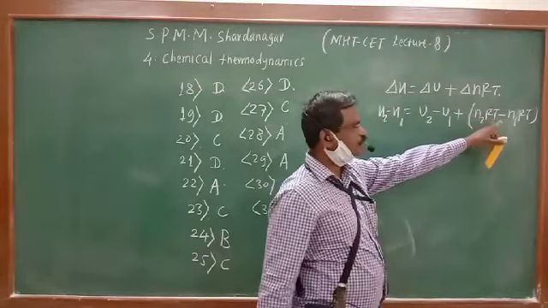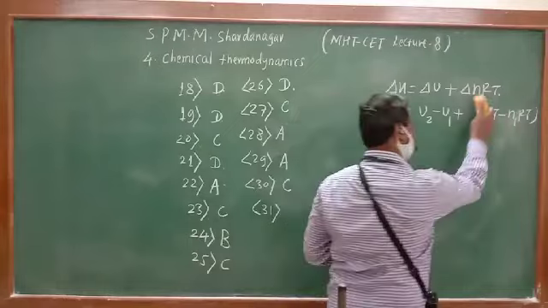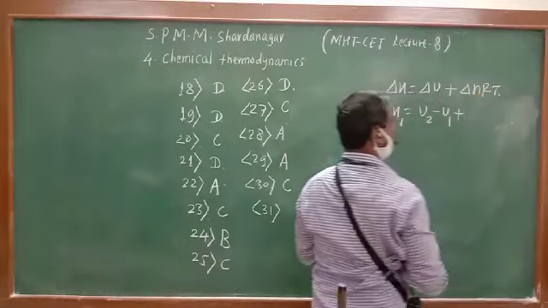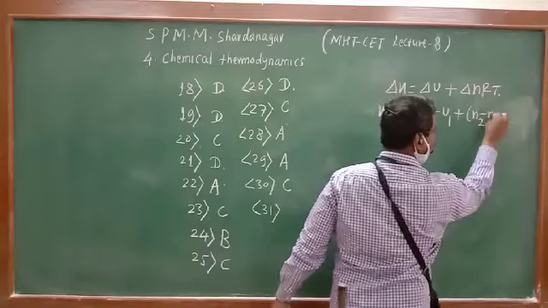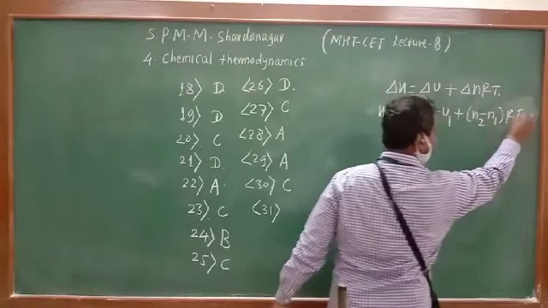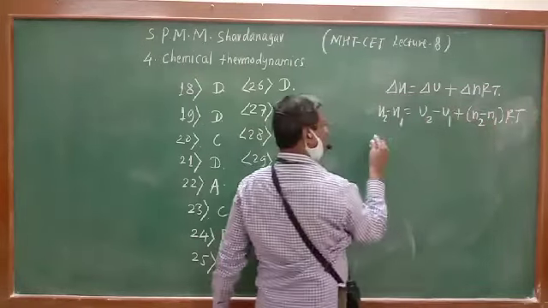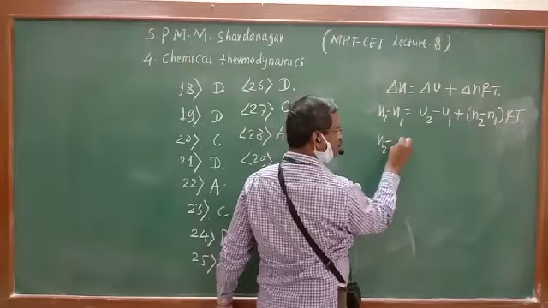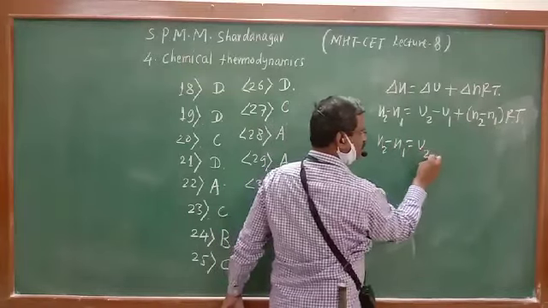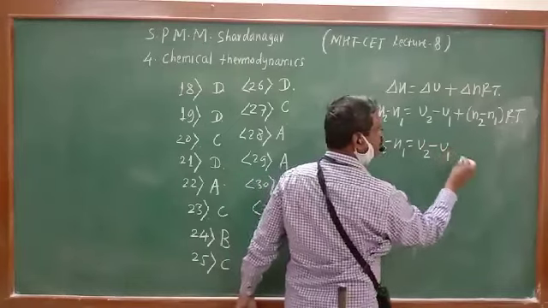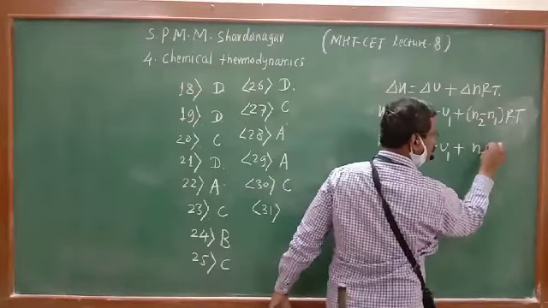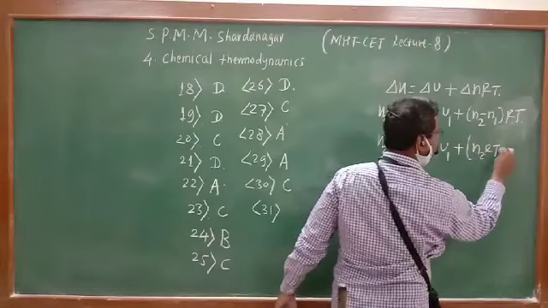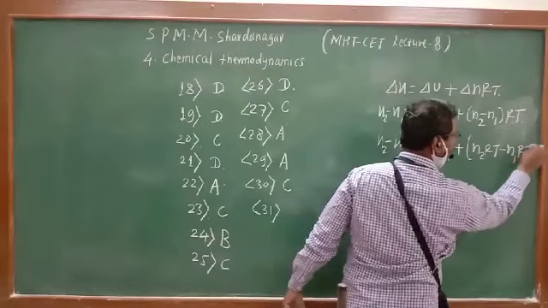Let us write one more step. Delta n is nothing but n2 minus n1, times RT. Solving that, it becomes H2 minus H1 is equal to U2 minus U1 plus n2RT minus n1RT.